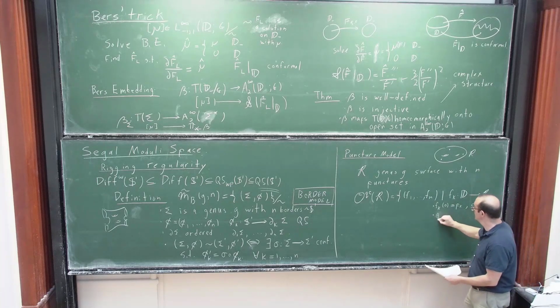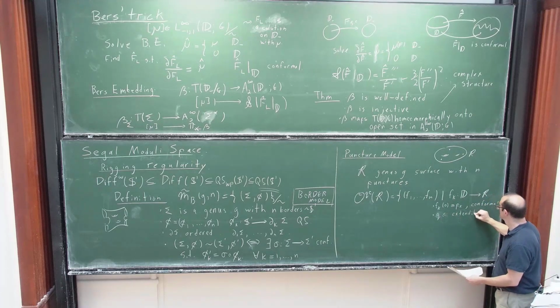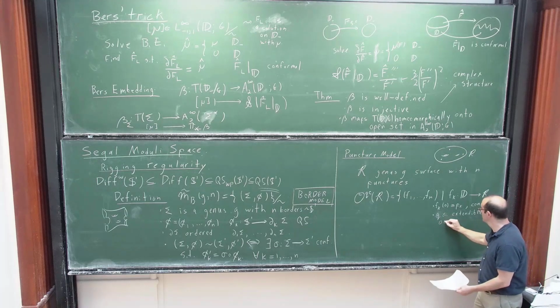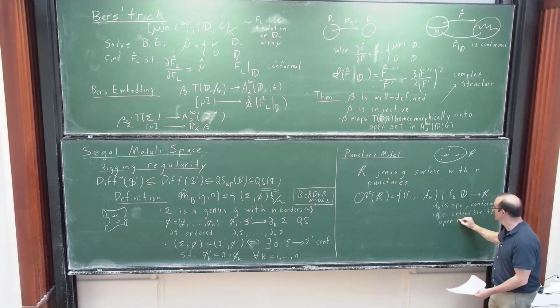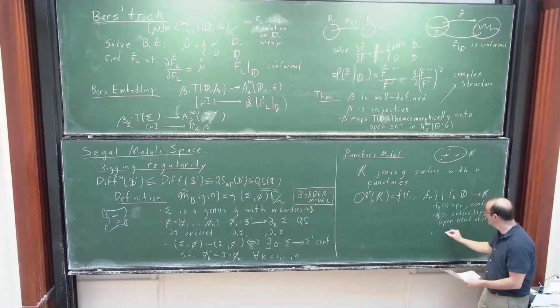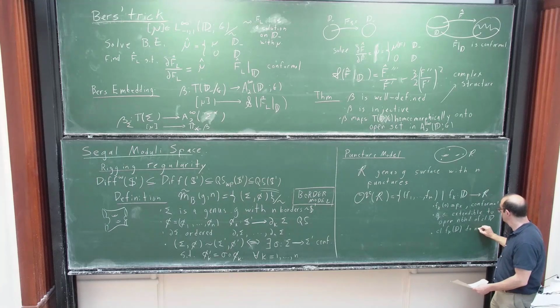They should be quasi-conformally extendable, and I should be precise about that, to an open neighborhood of the closure of the disk. And then we also want the closures of the images not to intersect.